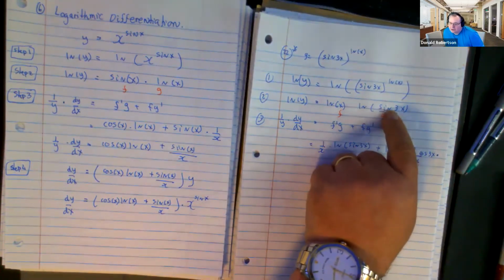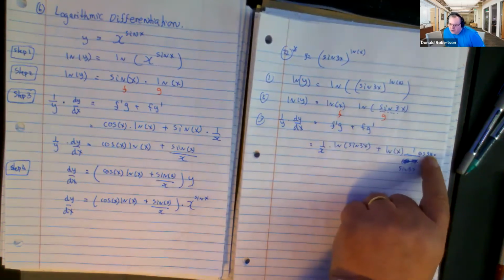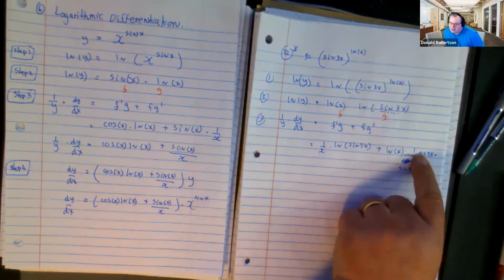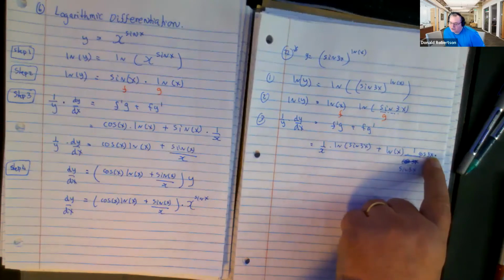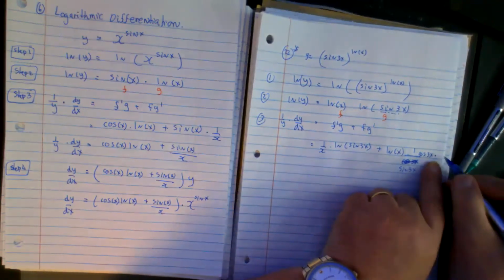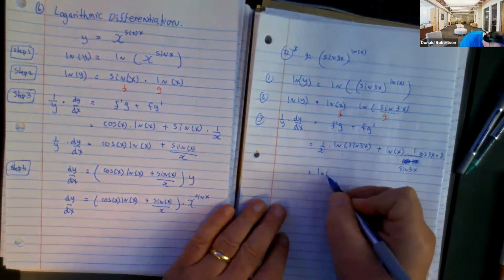So if you differentiate the sine of 3x, you get the cosine of 3x times what? 3. Agreed. So I'm just tidying this up a little bit.